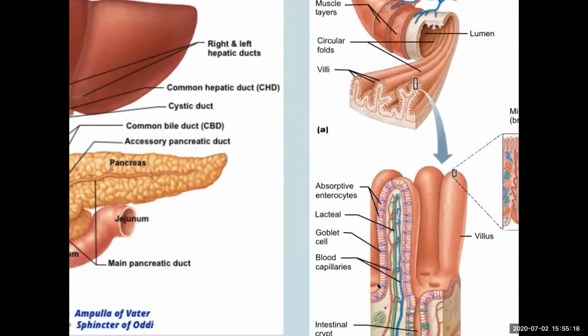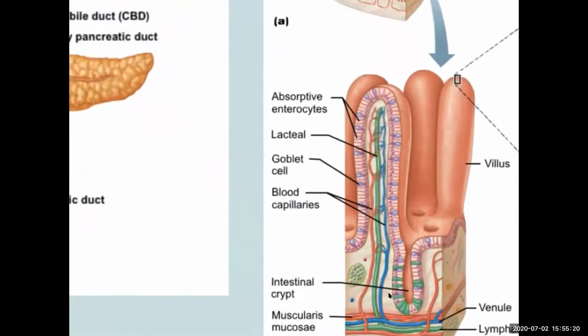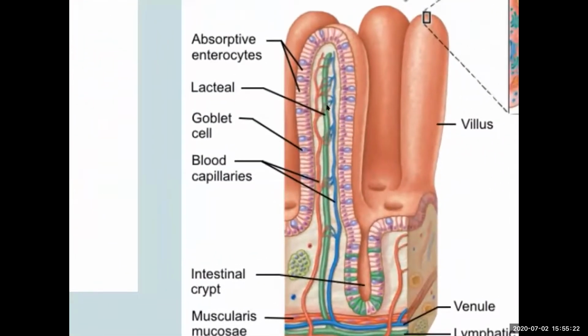When you zoom in into these individual villi, you'll see there are tiny little capillaries. When the nutrients are being absorbed, they are absorbed through the lining into the capillaries. But for fat, they are absorbed through the linings into the lacteal.